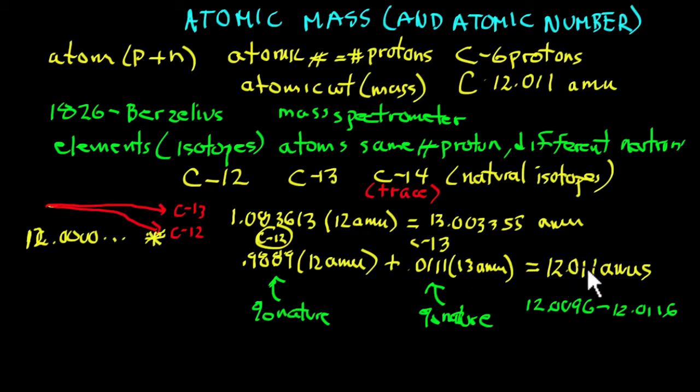Well, this is the weight of a single composite atom. This atom does not exist in nature. Do you hear that? It doesn't exist. It's a composite weight. So if you wanted the weight of this composite atom in grams, you would take 12.011 and you'd have to know a conversion factor, and you'd have to use dimensional analysis.